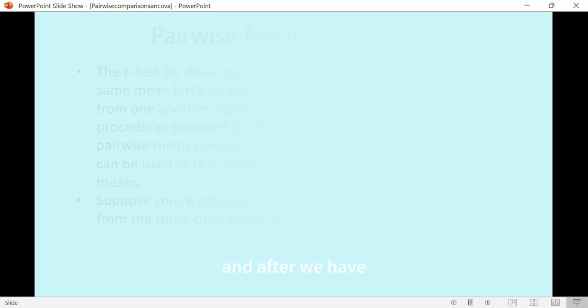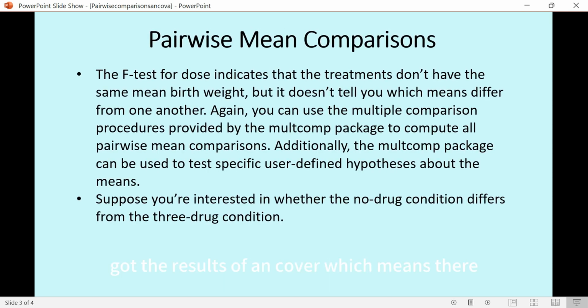After we have the results of the ANCOVA, which tell us whether all treatment group mean values are the same or not after controlling the covariate effects, suppose the ANCOVA is significant for treatment groups.